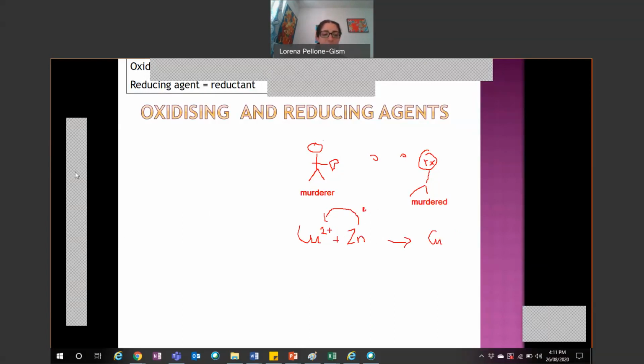So the zinc is actually causing reduction. So the zinc is the reducing agent / reductant, but the zinc is being oxidized. It's very backwards. If we were at school, I would do a little ball game to really hone this idea.